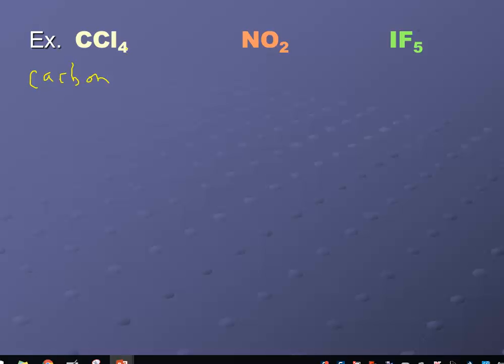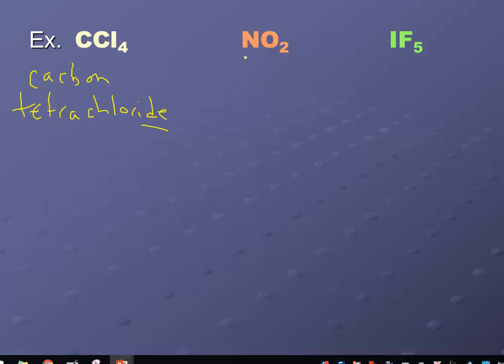And then we have to tell how many of them we have. Well, 4, if you go back to your chart, stands for tetra. So this is carbon tetra, and then we put the element name with the IDE ending at the end. So it's carbon tetrachloride. Sorry, my handwriting is so horrible.